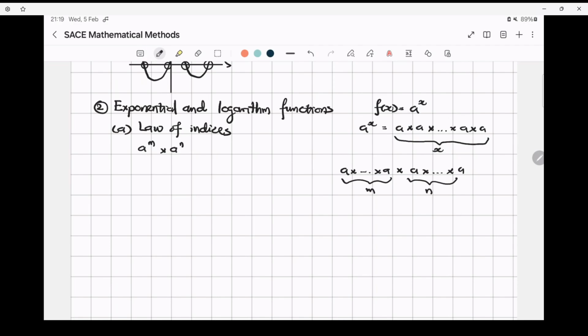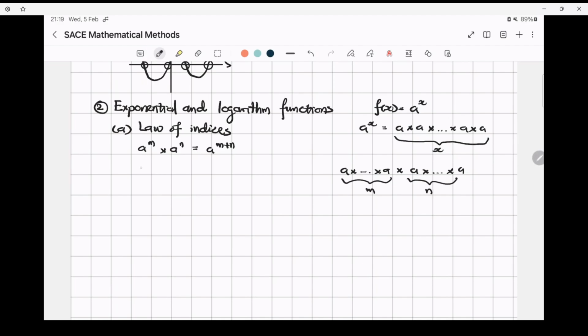So from the index perspective, this will become a to the power of m plus n, because you can count how many times you multiply a by m times and then by n times. So in the end, you are just adding them up together.